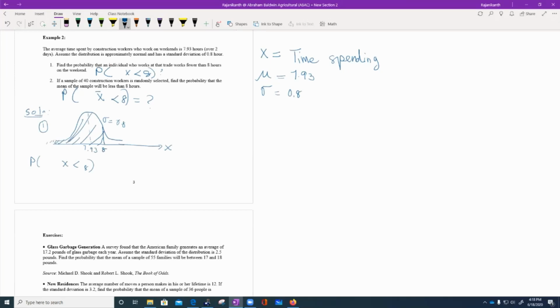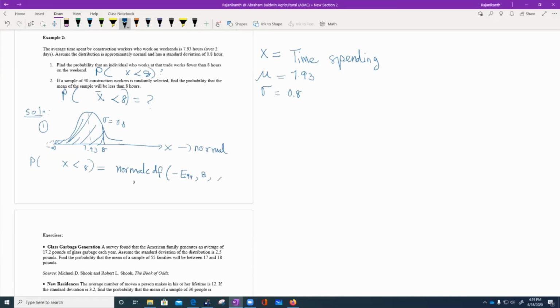Remember, we know now x is normally distributed. Therefore, you could use the area formula normal CDF in your calculator to find the probability. So you need to put the bounds for the area. Remember my left bound is negative infinity, therefore it is negative E99. The right bound for the area is 8. Remember, x is normal, not standard normal.